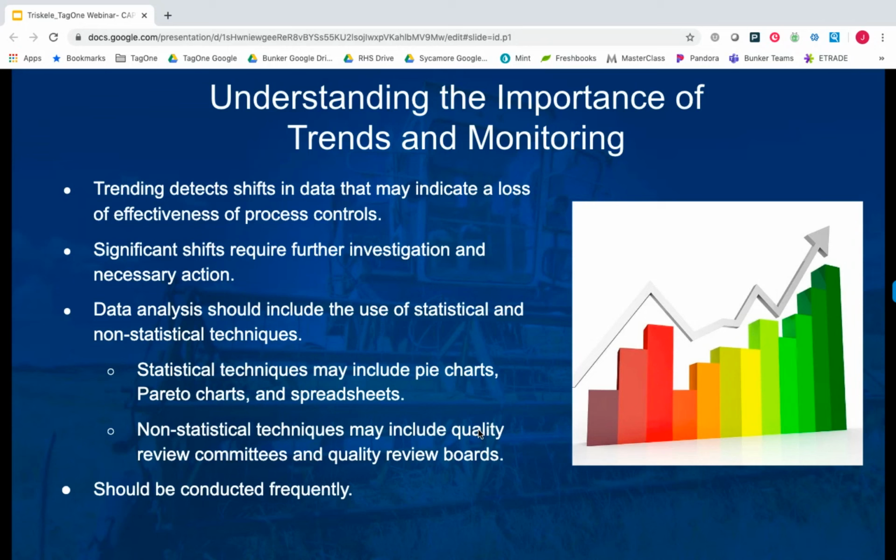So a quick example of where I, again, can't stress enough the importance of this. I had a client who was monitoring temperature and humidity in their extraction room, and of course I asked, where did these specifications come from? Didn't really get a solid answer. And they had noticed that the data was shifting upward, especially the temperature.